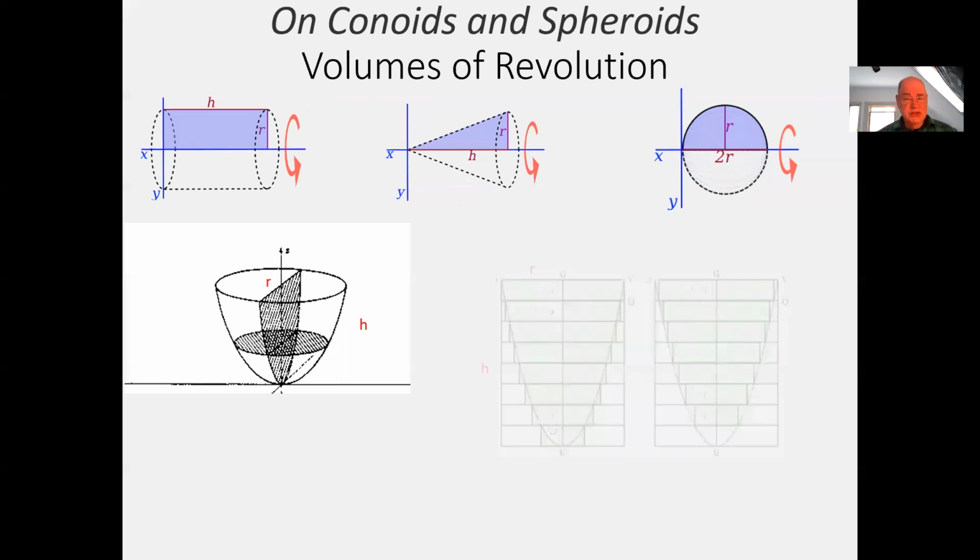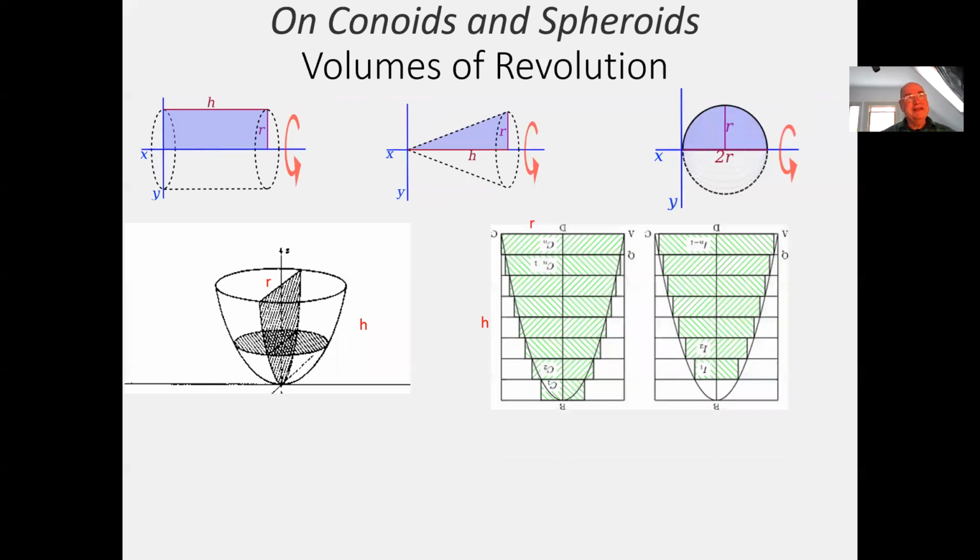Archimedes develops this mathematics for the first time using the method of exhaustion. Here is just an indication of the idea of breaking up those areas into small pieces, spinning these simple pieces around, and then adding up the pieces using the method of exhaustion. Again, a forerunner of the integral calculus.